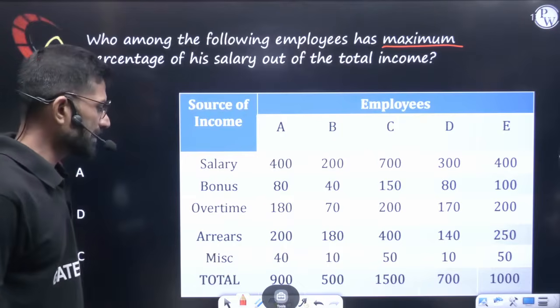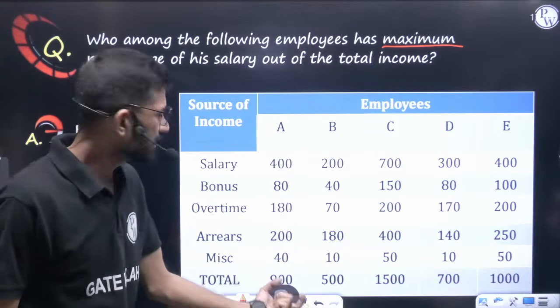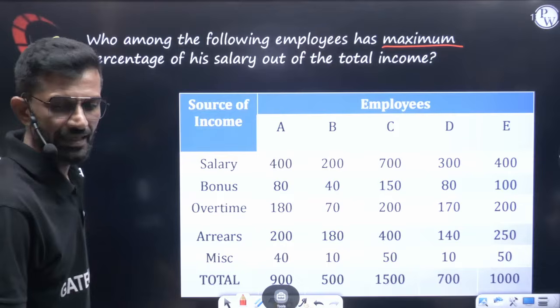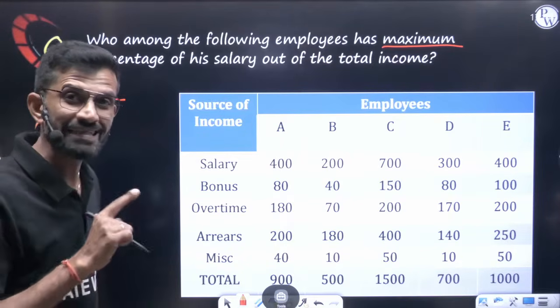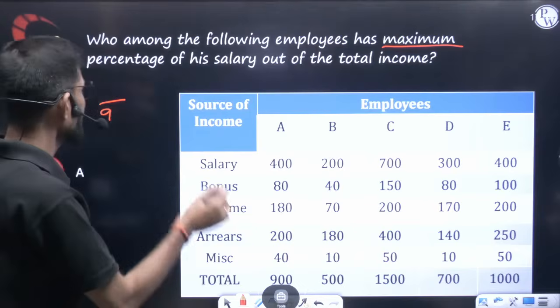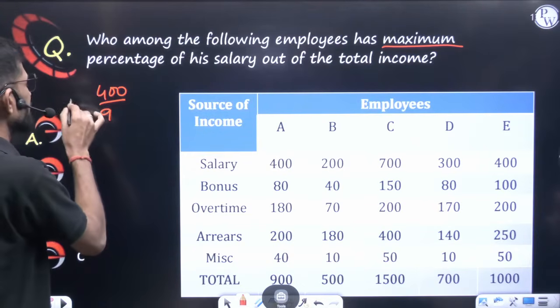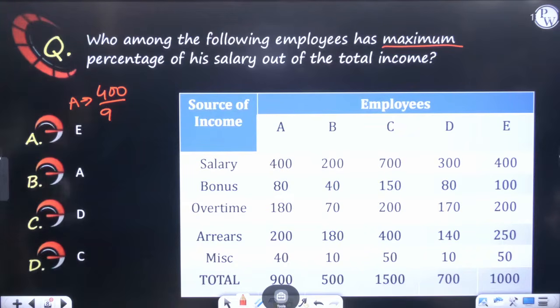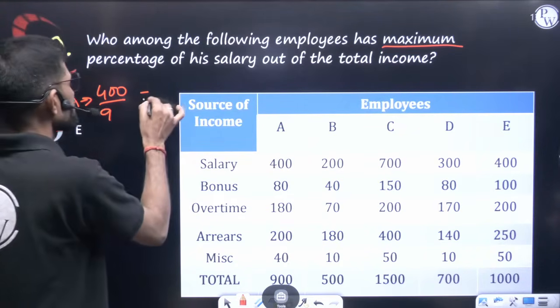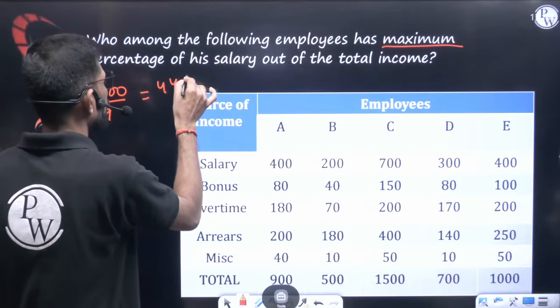If you see employee A, total income is 900, out of that his salary is 400. So out of 900, I am not writing 900 because 2 zeros will get cancelled. I am directly writing 400 by 9. 400 by 9 means how much will it be coming? It will be coming somewhere around 44.4444 and so on.